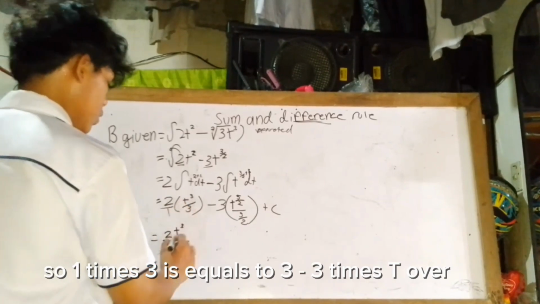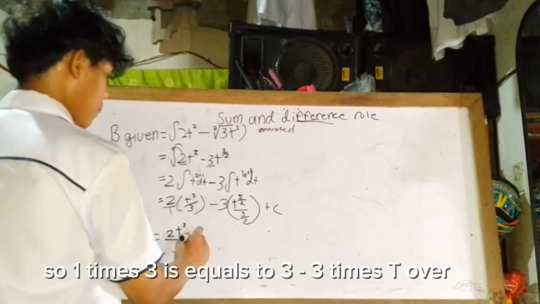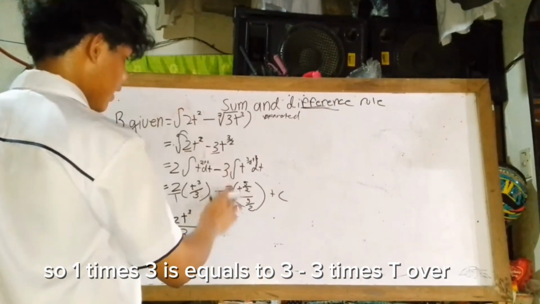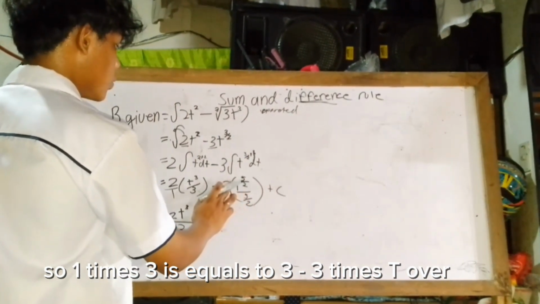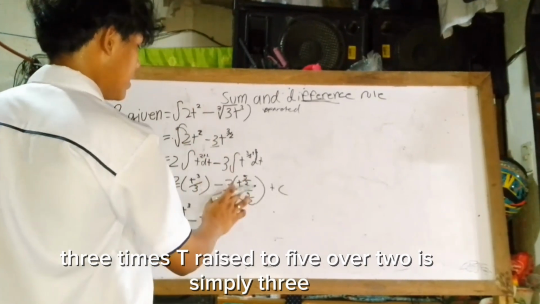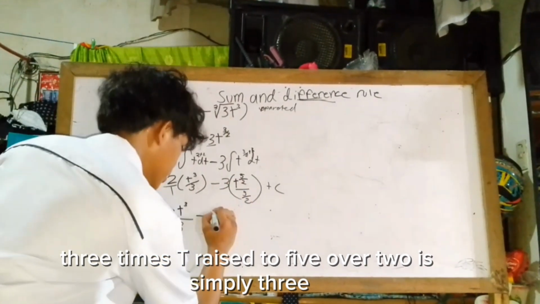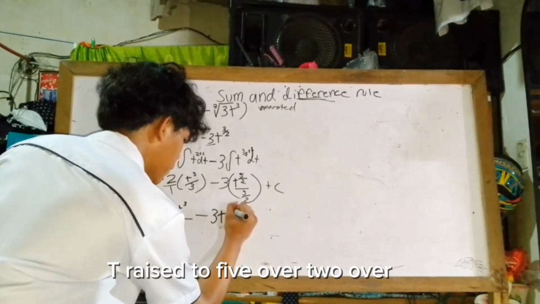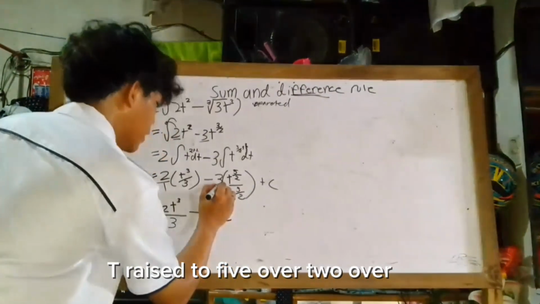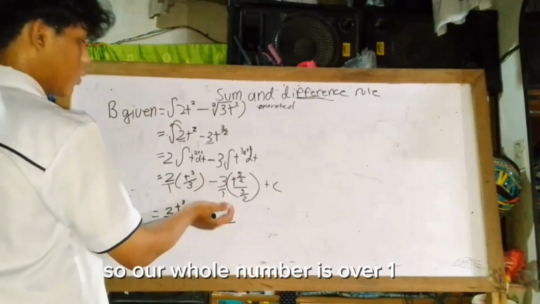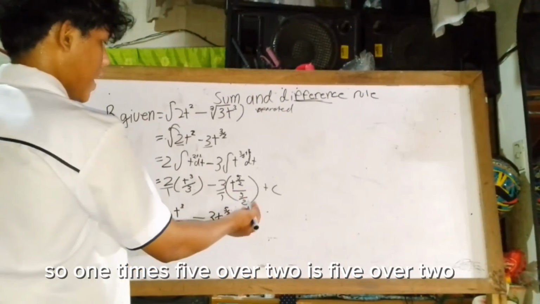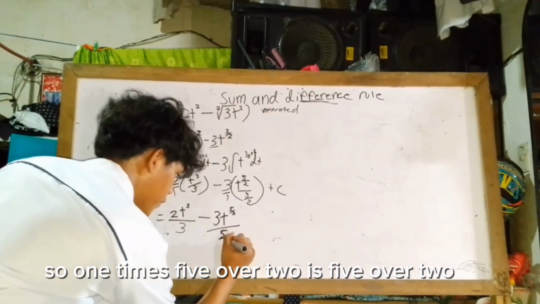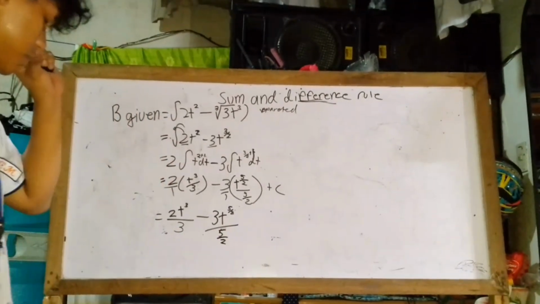So 1 times 3 is equal to 3, minus 3 times t raised to 5 over 2 is simply 3t raised to 5 over 2 over, so our whole number is over 1. So 1 times 5 over 2 is 5 over 2.